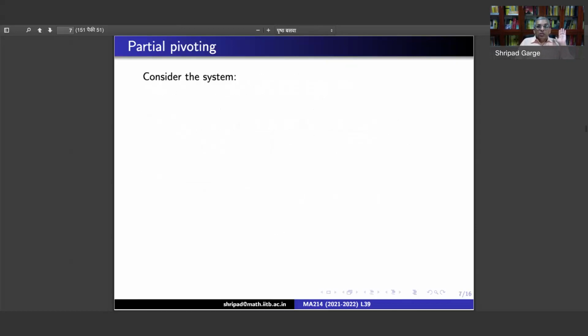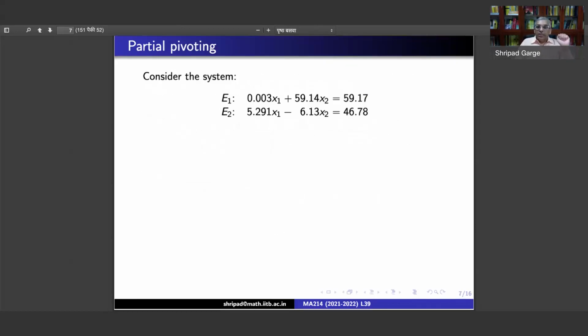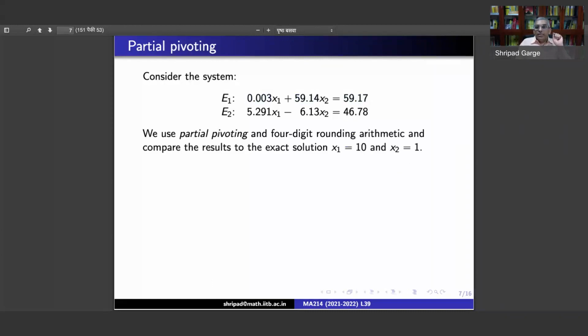Now let's look at our system once again. We had this system where E1 was 0.003 x1 plus 59.14 x2, which is 59.17, and then you have E2. But when you look at the first column, A21 has larger magnitude than A11 in the modulus sign, right?